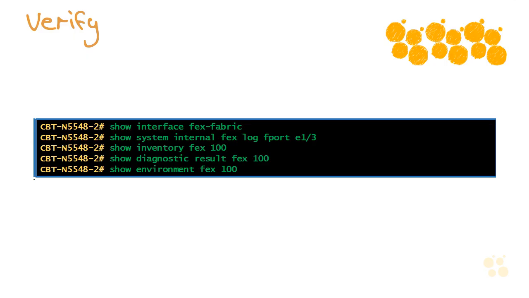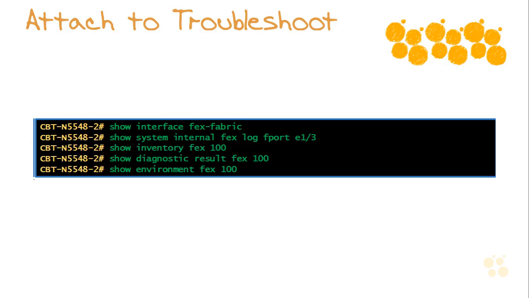Show diagnostic result FEX will show us results from a diagnostic test for a fabric extender. And then even show environment FEX in order to see the environmental sensor status of your particular device. So lots of great verification commands that we can run.